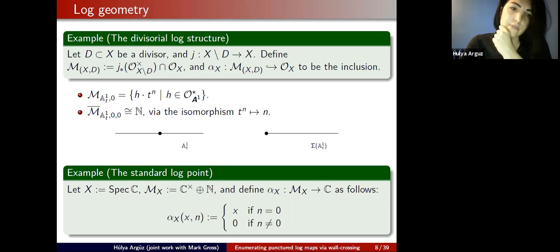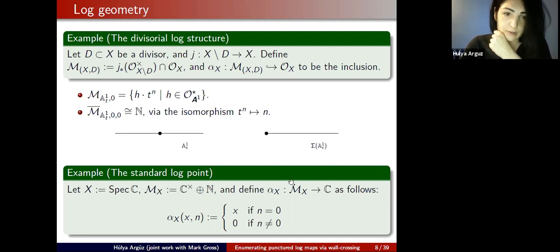And the nice thing about log structures is they behave well under pullback. So whenever you have a subscheme, you can pull back your log structure to your subscheme. So if you just look at the point 0 in A1, you can define a log structure obtained by the pullback of the divisorial log structure.